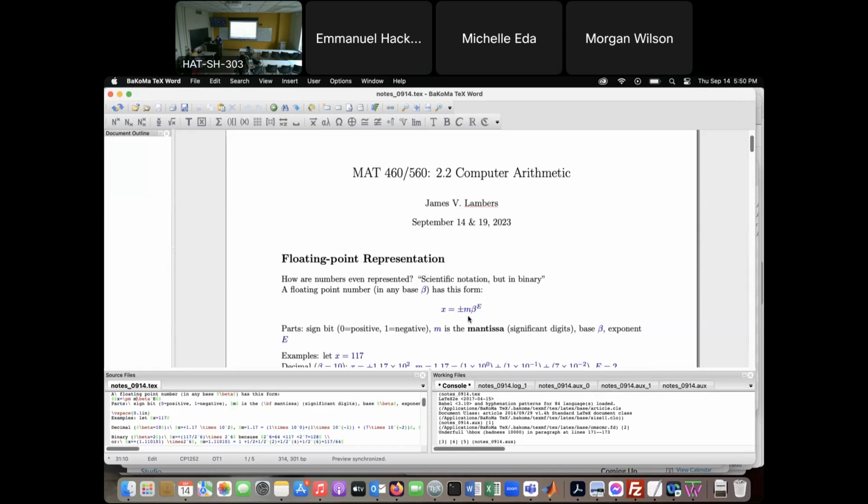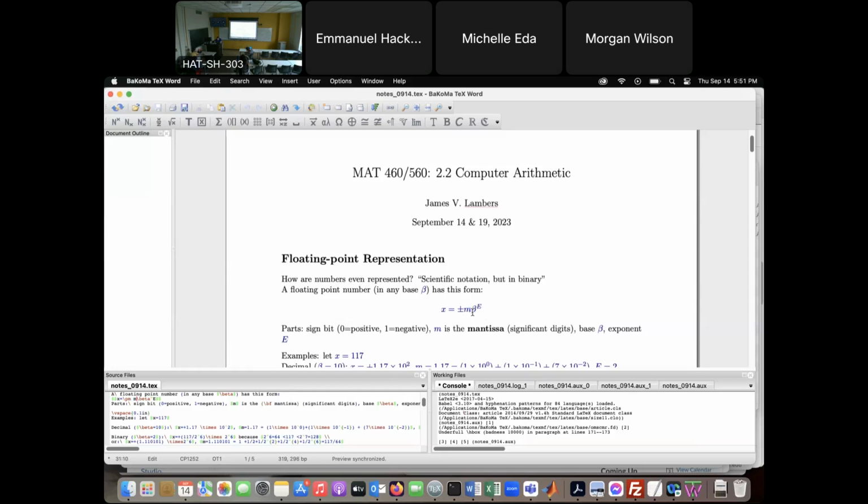I think it's now called the significand or something like that. And then that's multiplied by some base, beta, raised to an exponent, capital E. So you can think of m, the mantissa, as containing the significant digits of a number. And then beta to the E accounts for the magnitude of the number.